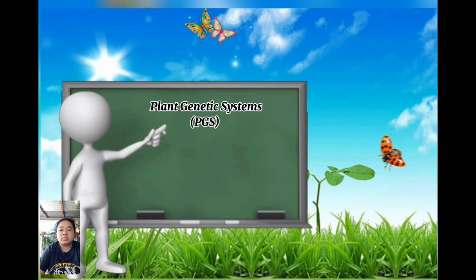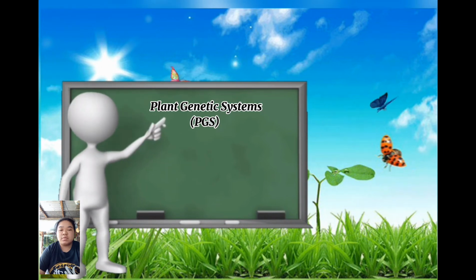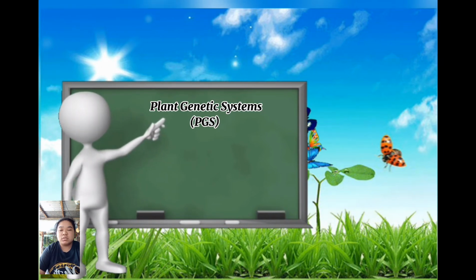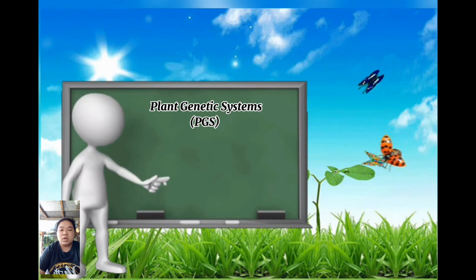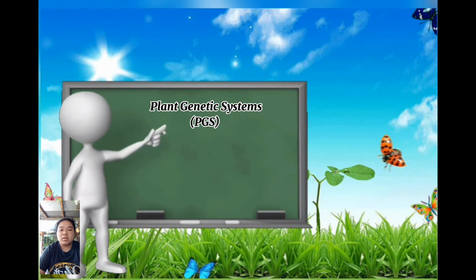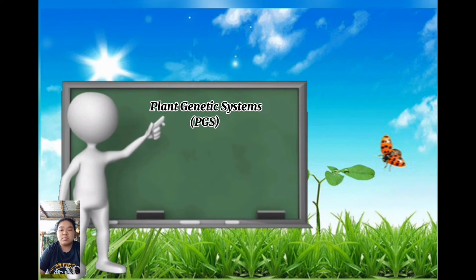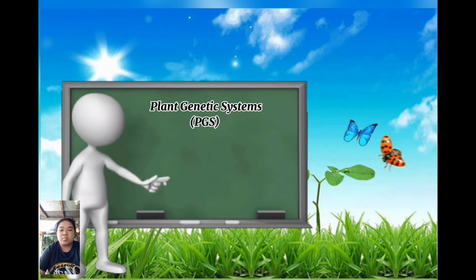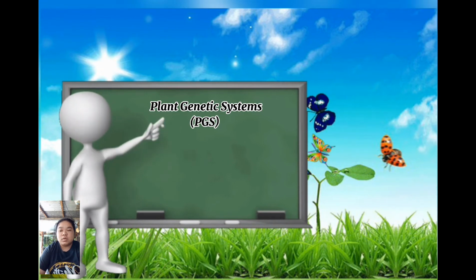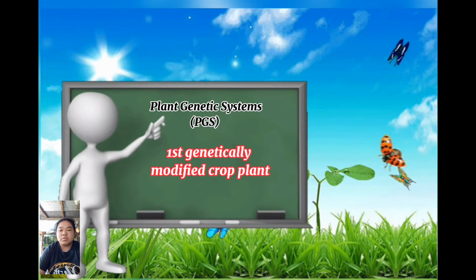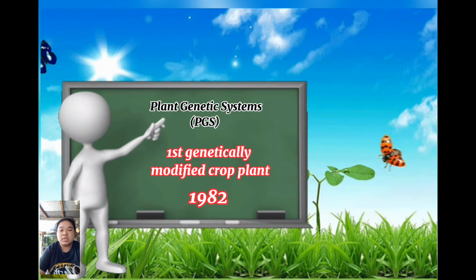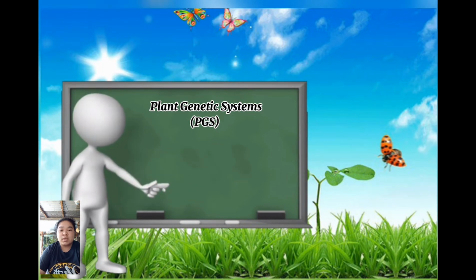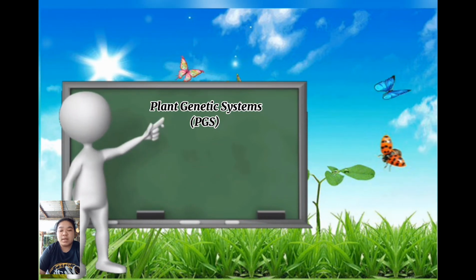Since then, important traits including dwarfing genes and rust resistance have been introduced. Plant tissue culture and deliberate mutations have enabled humans to alter the makeup of plants' genome. The first genetically modified crop plant was produced in 1982, an antibiotic-resistant tobacco plant.